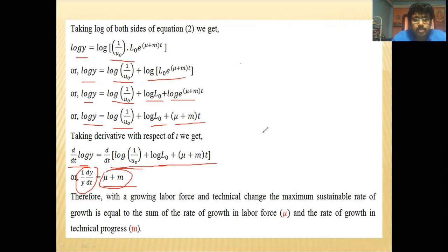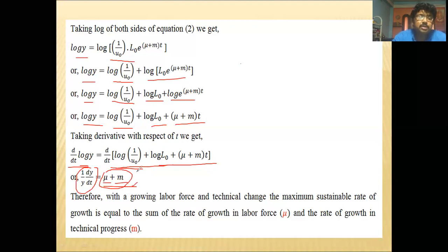When there is a growing labor force and technological change, in the economy there is a stable rate of growth, and that is equal to mu plus m. Mu is the growth in labor force, and m is the growth in technological progress. Understand?